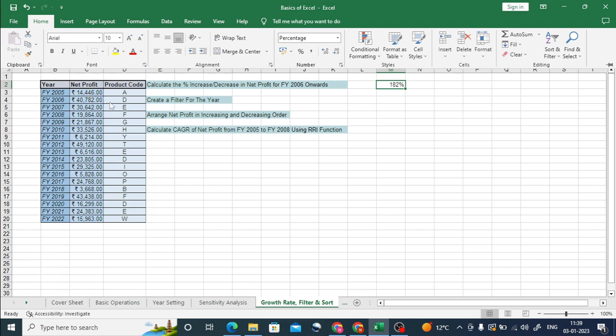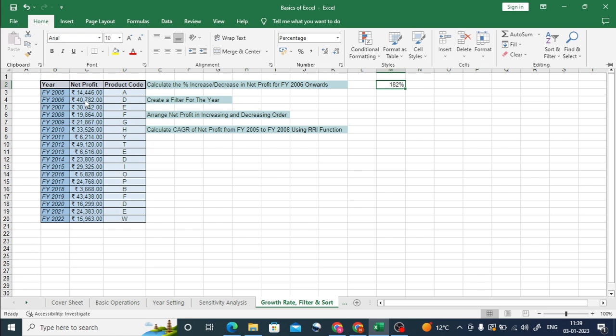Now, this is only for one year calculation, right? You have calculated the percentage increase or decrease in financial year 2006 net profit in comparison to the net profit made in financial year 2005, right?